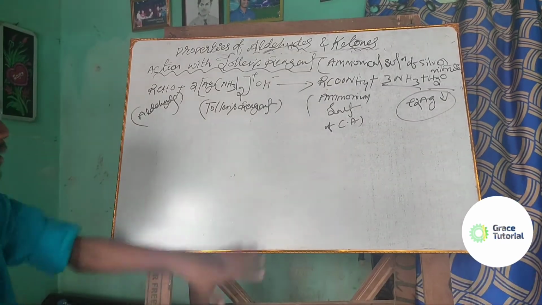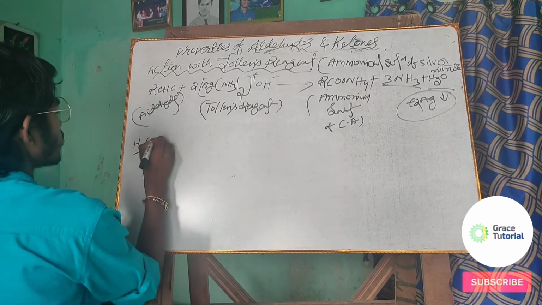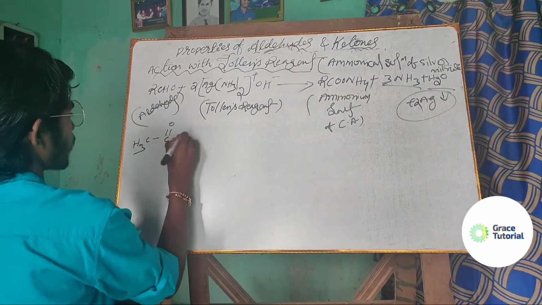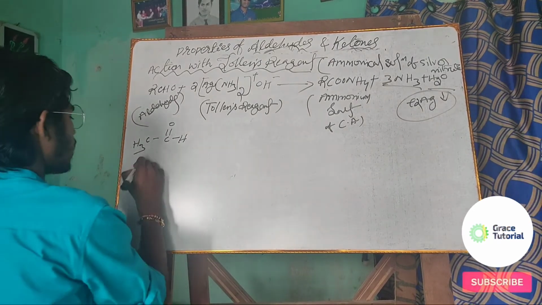If you take the specific example, put CH3 in the place of R, then you will get acetaldehyde.